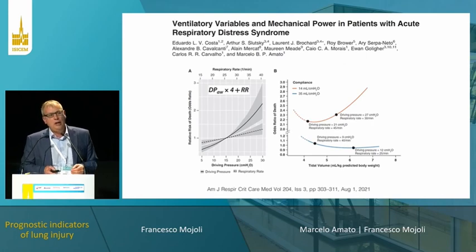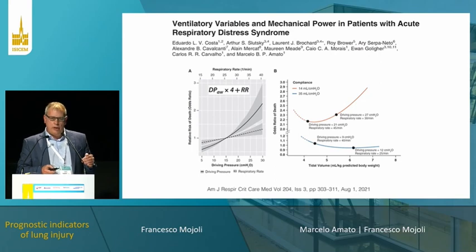For instance, if our patient has a very low compliance and the driving pressure already above the limit, probably the priority here is to decrease driving pressure and try to control hypercapnia by increasing respiratory rate.